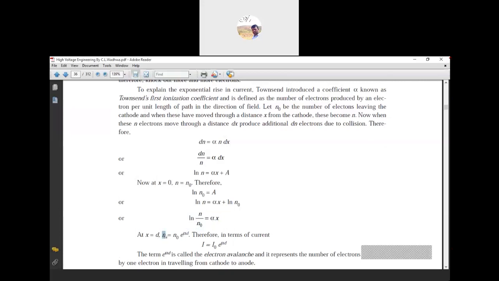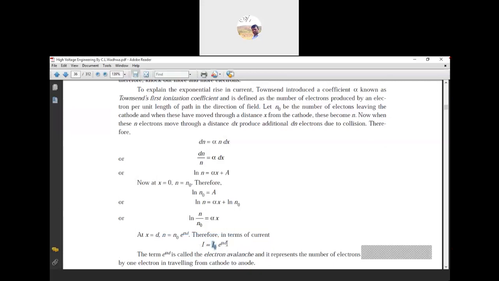The exponential of ln of anything gives that thing back, so e power of ln x becomes x. Here also, e power of ln n by n naught becomes n by n naught. So n by n naught is equal to e power of alpha x.